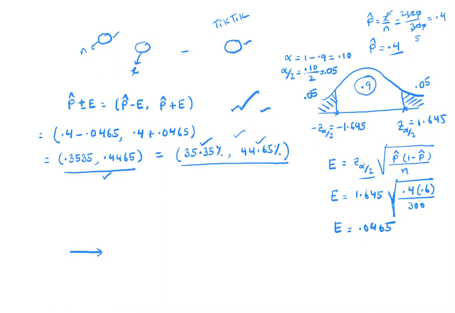It means that if you were to create many samples of size 300, in our case n was 300, right?